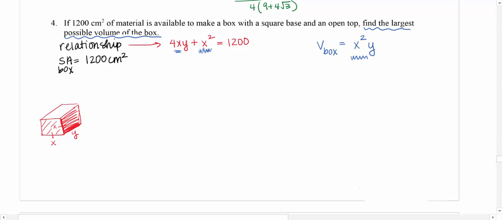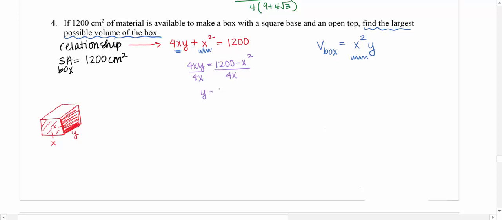So I don't think I want to easily solve this equation for x because x is in both terms. I'm going to solve this for y. So this is 1200 minus x squared, and then I will divide everything by 4x. Okay, so y is 1200 divided by 4.